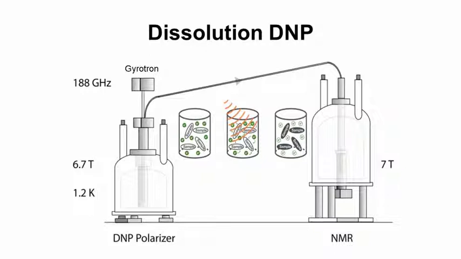Now if you want to do it at 11 Tesla at 500 or 14 Tesla at 600 or whatever, you'll have to have a stronger gyrotron and bigger magnets. And so it does become expensive. You can also, during the time that you're injecting samples, inject it into an animal because it's now liquid. And you can also monitor it during that rapid injection phase.